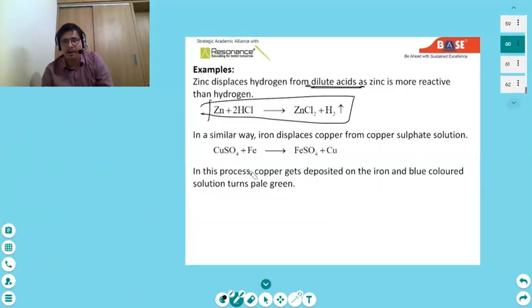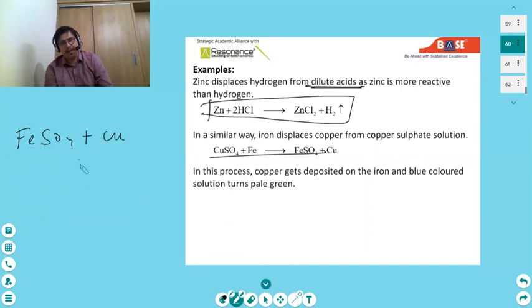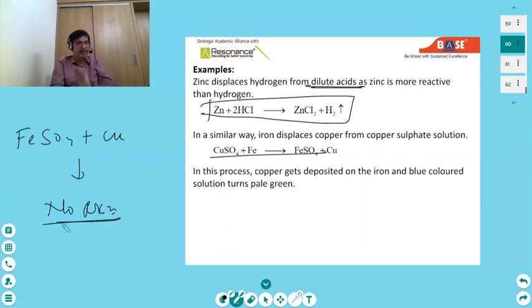So since copper is below and iron above, you can form this. But if we write iron sulfate, that is FeSO4, and I write copper, then there will be no reaction because iron is above. Copper cannot replace iron because it is below in the reactivity series. Okay.